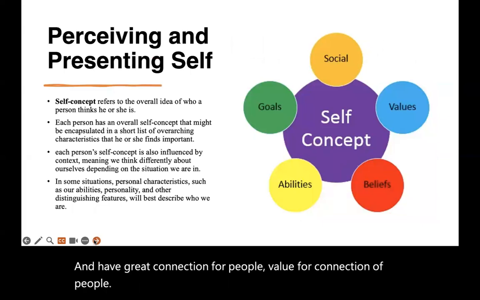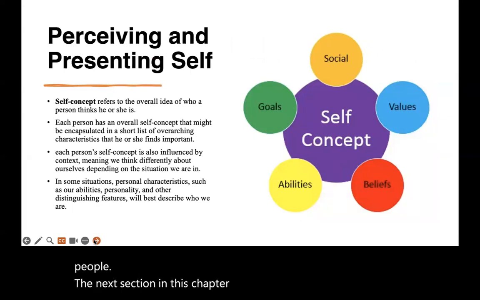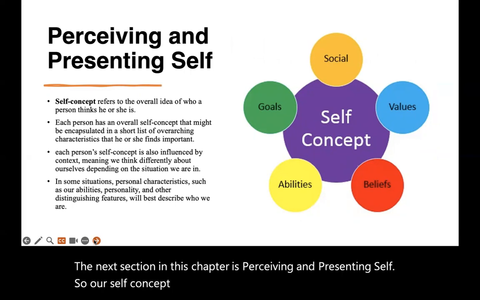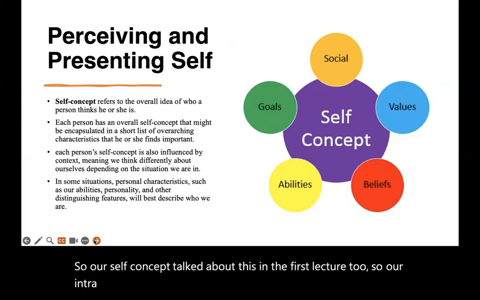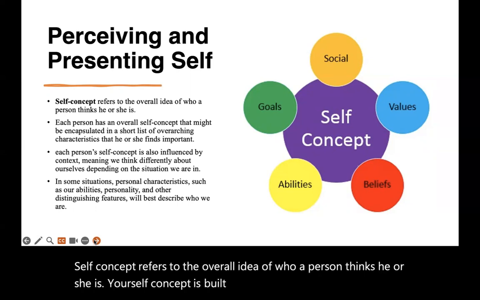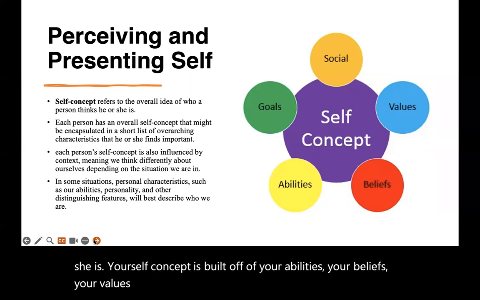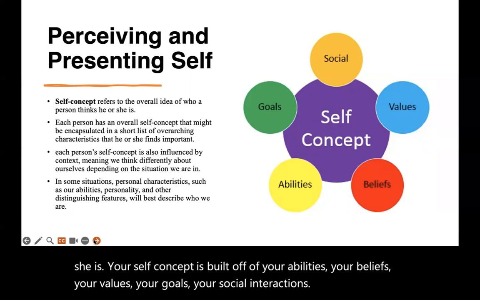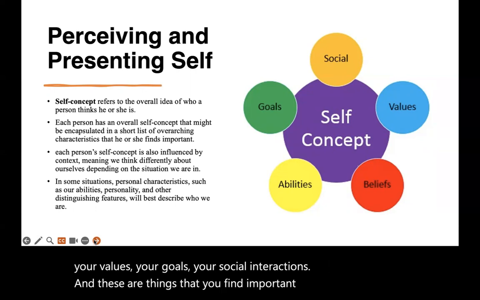The next section in this chapter is perceiving and presenting self. So our self-concept, talked about this in the first lecture too. It's our intrapersonal communication. It's the stuff inside our head. Self-concept refers to the overall idea of who a person thinks he or she is. Your self-concept is built off of your abilities, your beliefs, your values, your goals, your social interactions. And these are things that you find important, okay?